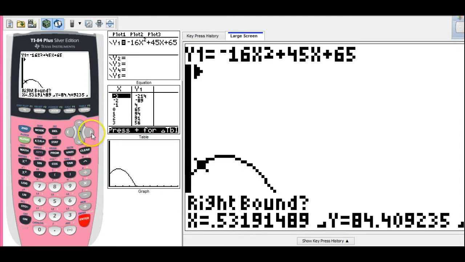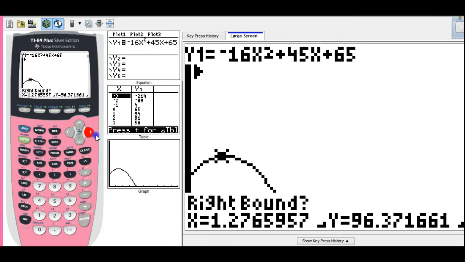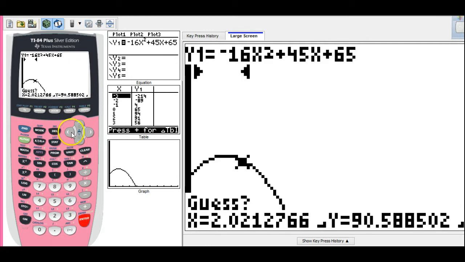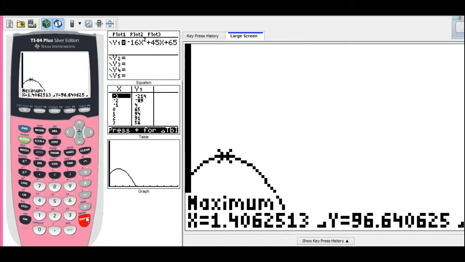Left bound, enter. Right bound, gotta come around. Enter. And then let's get to the top of this guy and hit enter. And so we've got about 1.4, comma, what is that, 97.6?